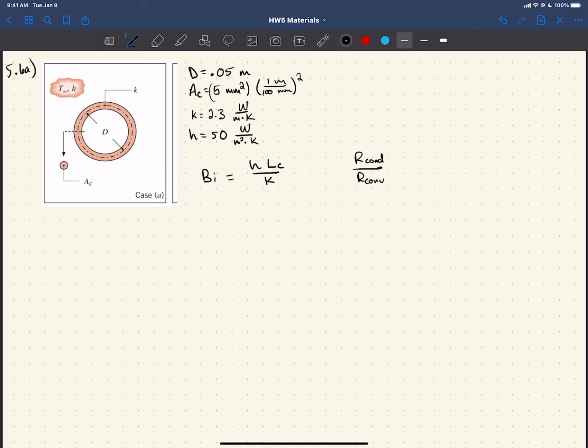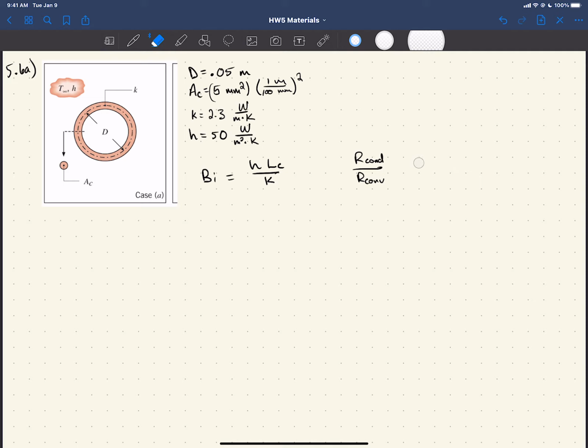So your conductive resistance is k over L. Wait, nope, sorry, I lie. It's L over k. Your convective resistance is 1 over h, so then you can rearrange it, hL over k, and you get this dimensionless quantity.